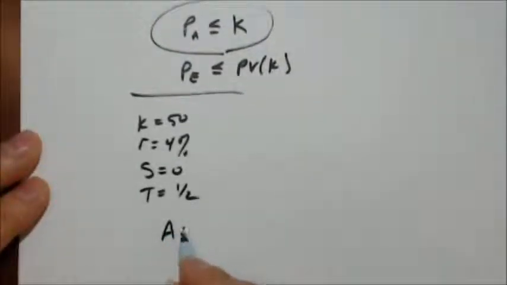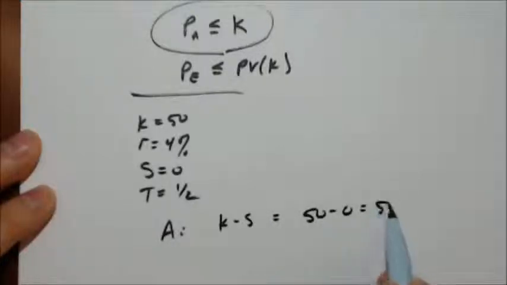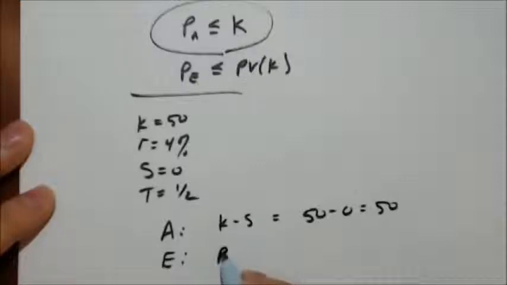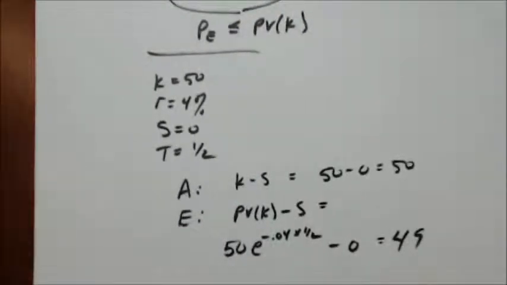For the American, it's going to be $50, because K minus S is 50 minus 0, which is $50. For the European option, it's the present value of K minus S, where the present value of K is 50 e to the minus 0.04 times 1/2, minus 0, which gives about $49 as the upper bound.